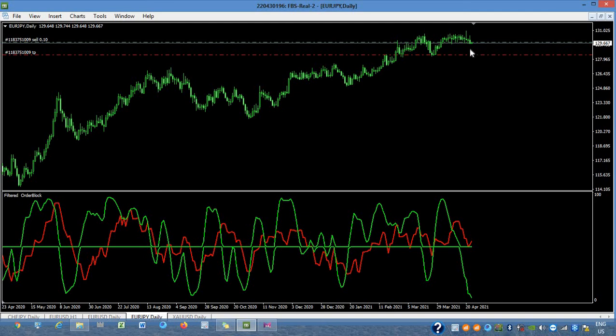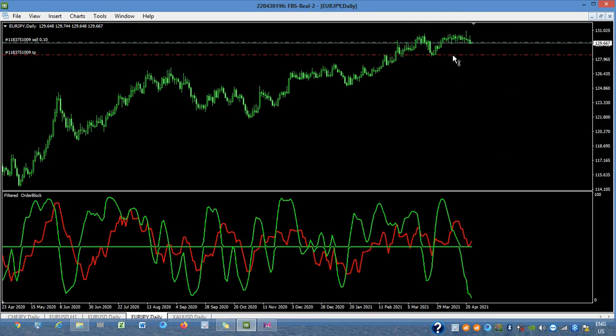This is a strong momentum trend. So for the next 5 days we can notice this, because the order block is really telling you that this trend is going down.